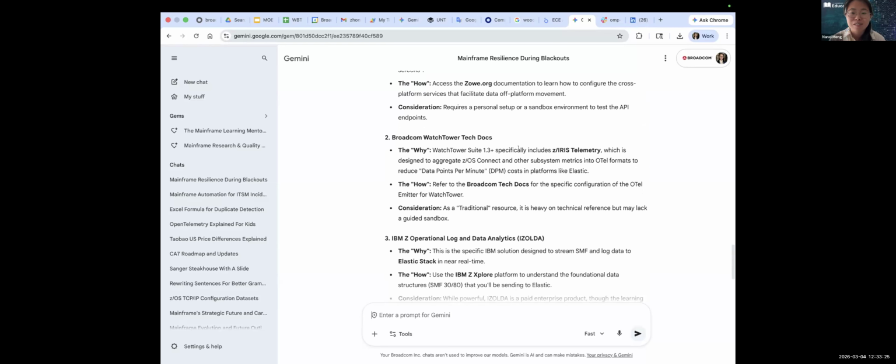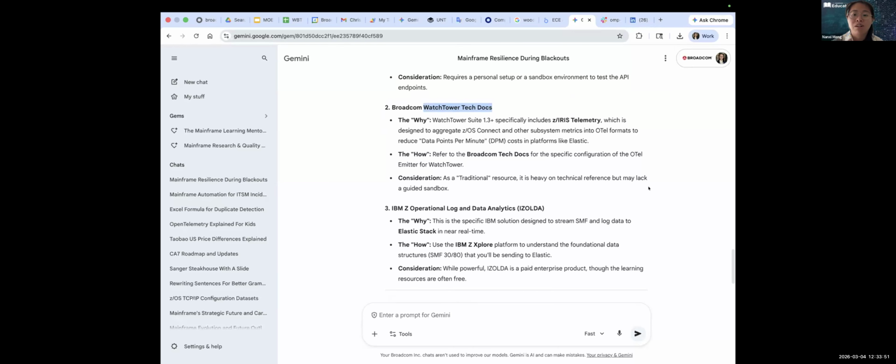Watchtower Tech Doc, the same thing goes here. For all the tech docs, at some point, if we turn them all into markdown files, it will be easier for the gem to read into what specific sections we want people to read, instead of just recommending documentation with thousands of pages. That's not the most helpful.